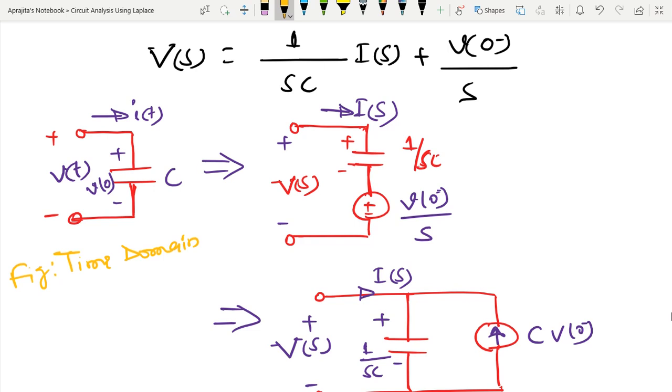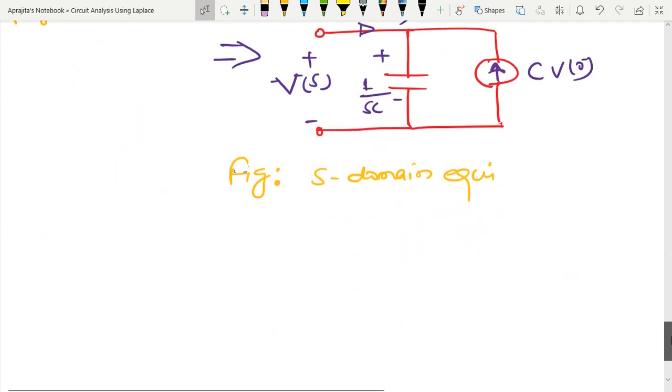So now what we have observed during this transform is that somehow it is able to capture the initial condition.